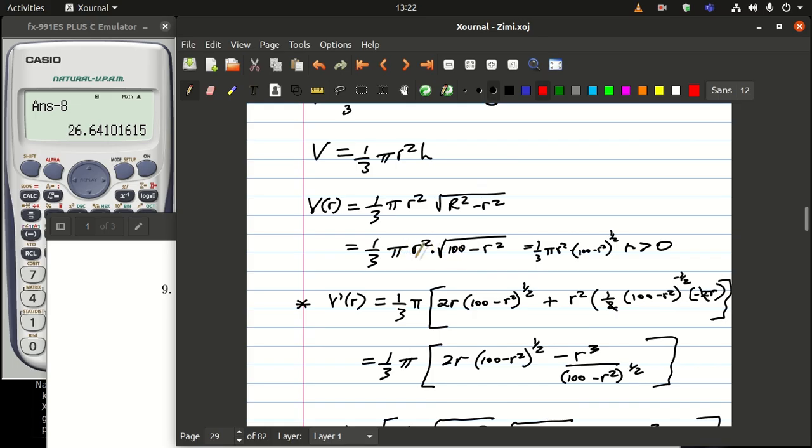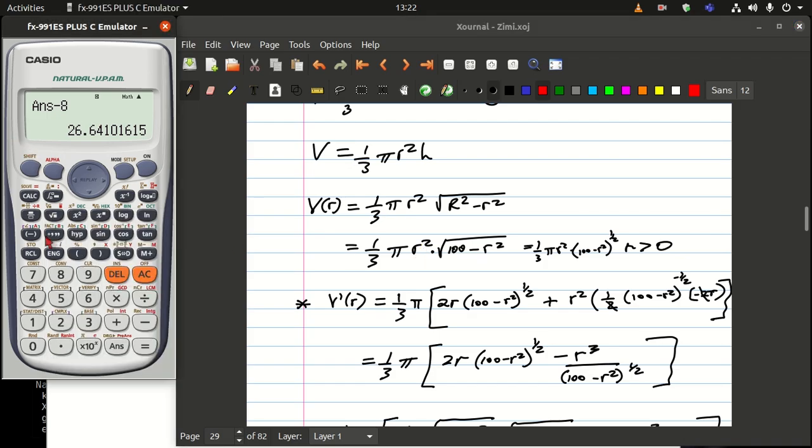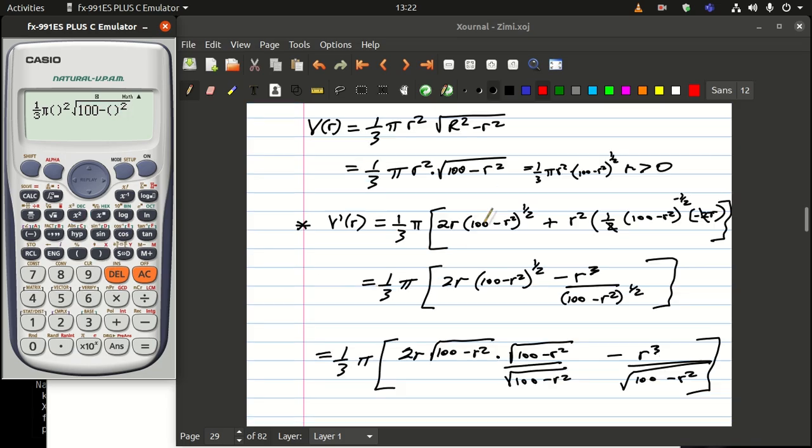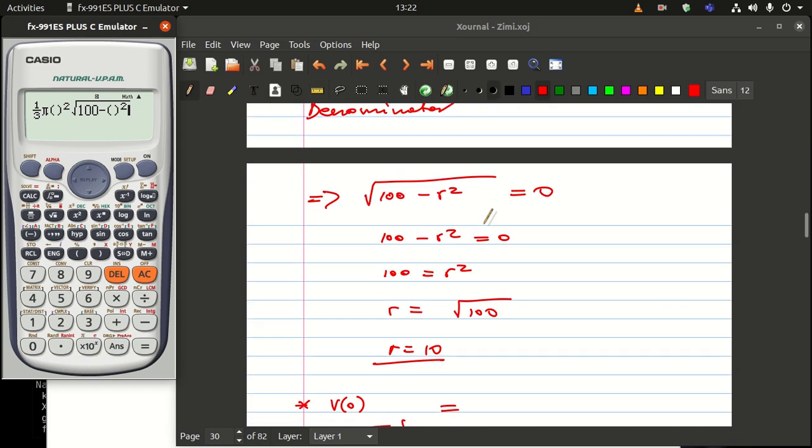The volume is 1 over 3, multiplied by pi, and then we have r squared, and then the square root of 100 minus r squared. That is the volume that we end up having.